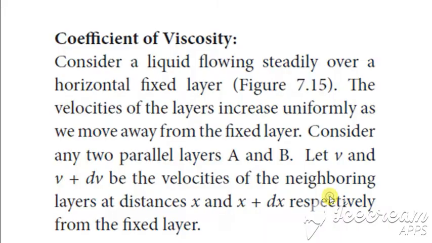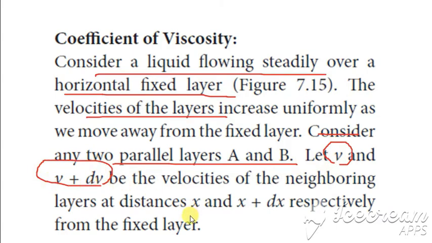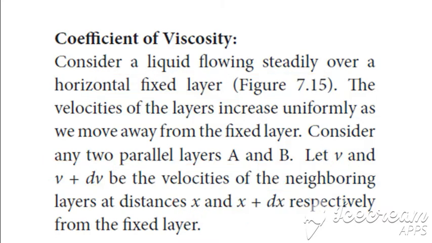Now the coefficient of viscosity. Consider a liquid which is flowing in a horizontal fixed layer, and it has velocities. Consider two layers A and B, with velocities V and V plus dV, at distances x and x plus dx.